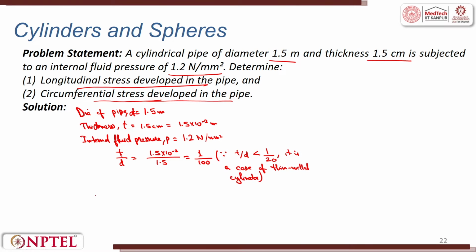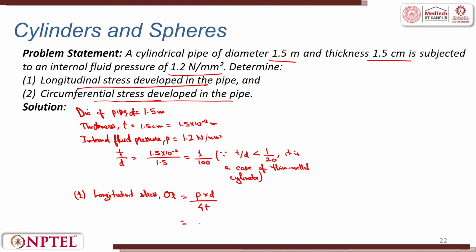So longitudinal stress, that is the first question. Longitudinal stress is given by sigma L equal to P into D by 4t.